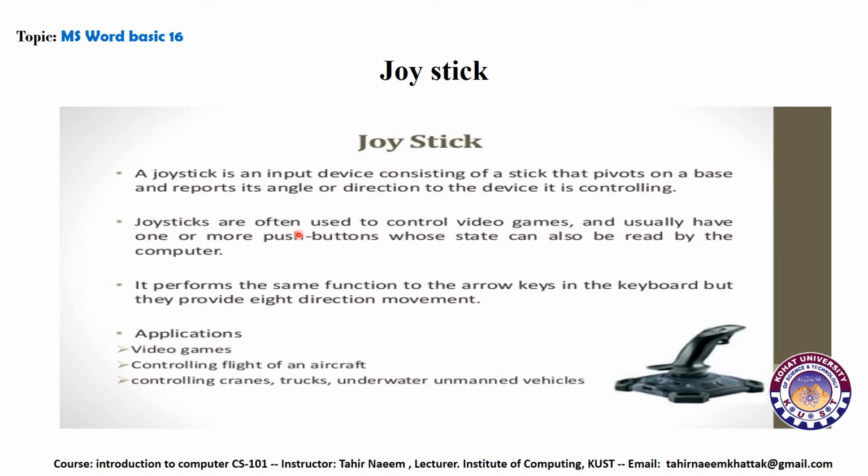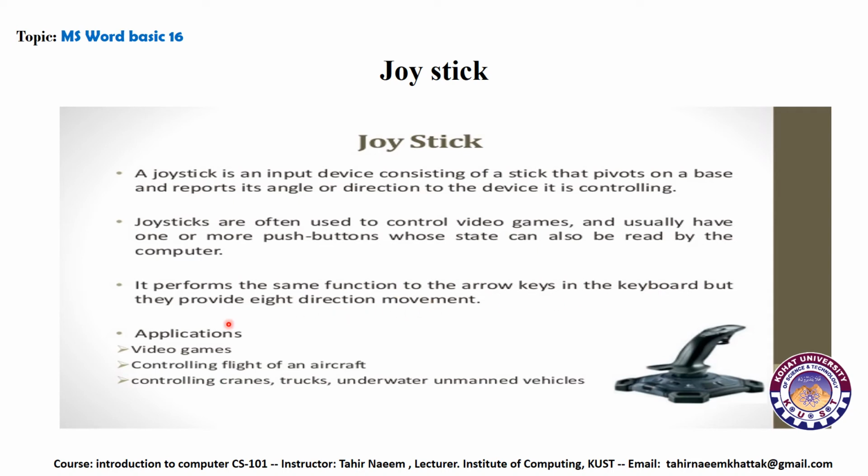Joysticks are more often used to control video games, and usually have one or more buttons whose state can be read by the computer. It performs the same function as the arrow keys on the keyboard, but provides 8-direction movement.